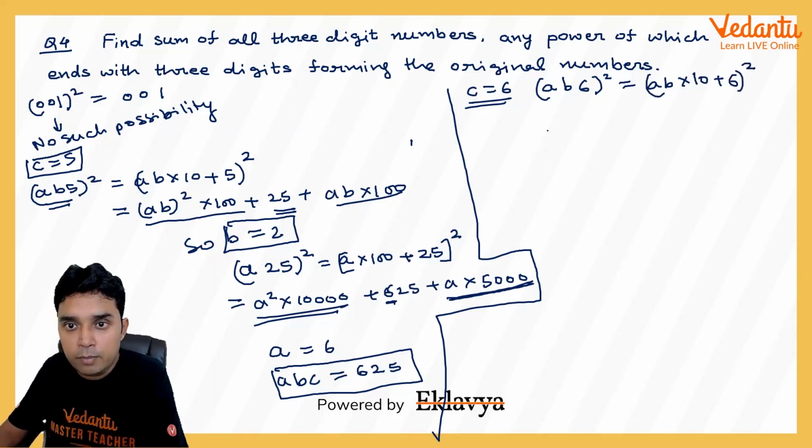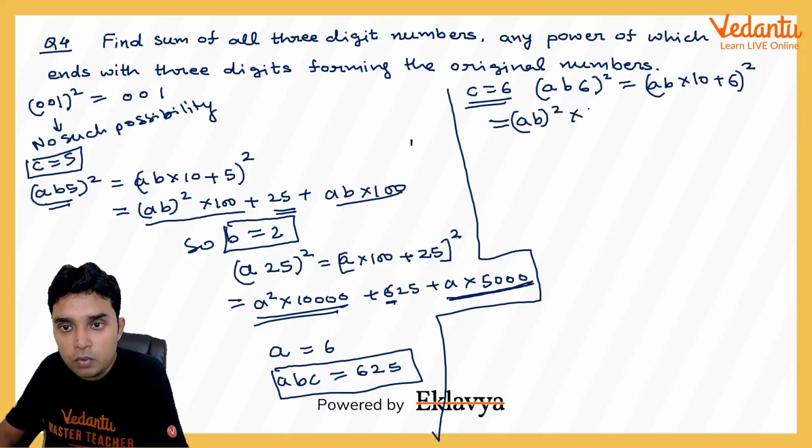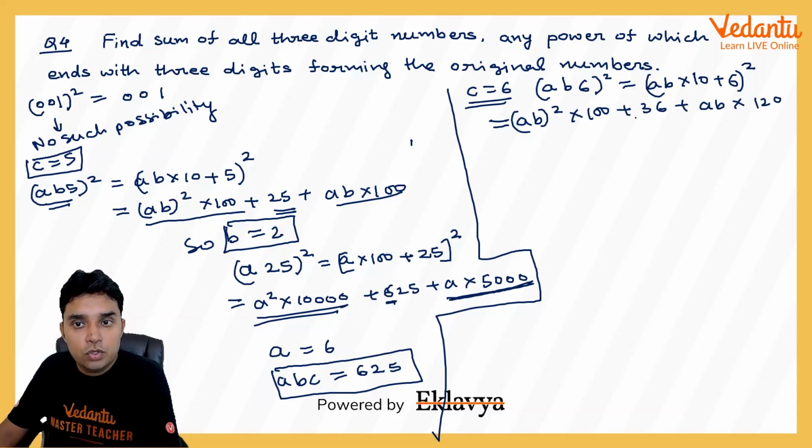So this will become equal to AB square into 100 plus 36 plus AB into 120. So the unit place is sorted.